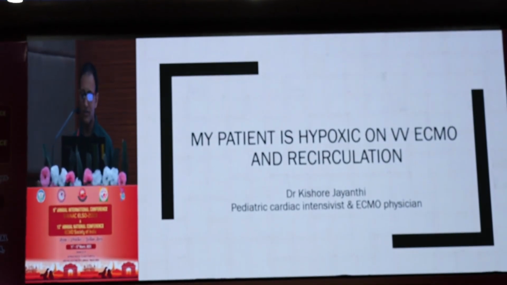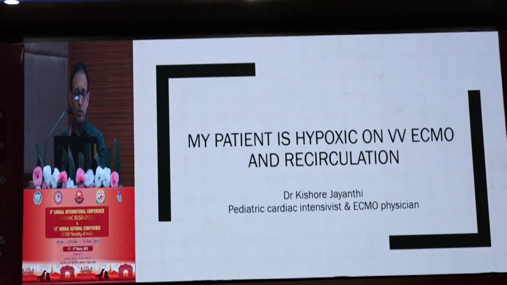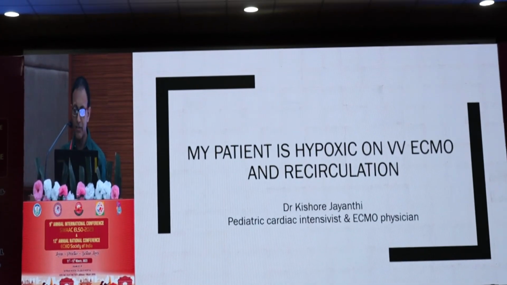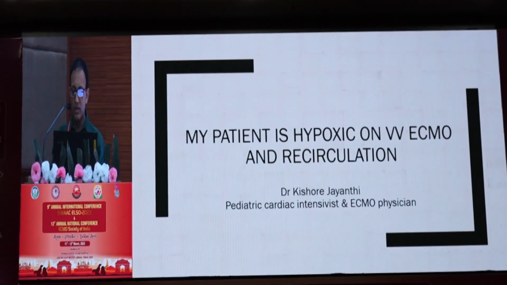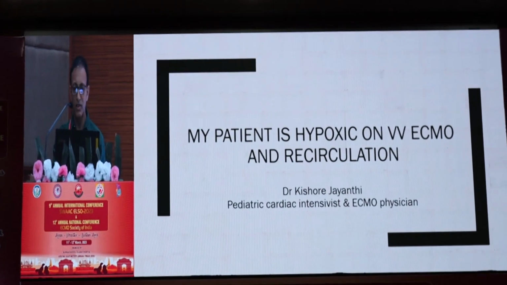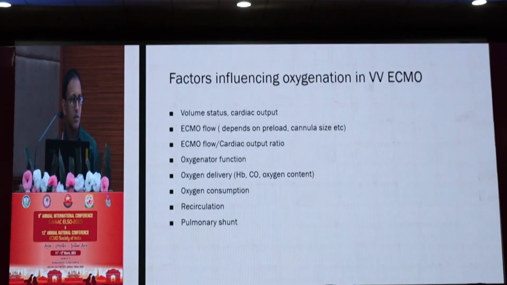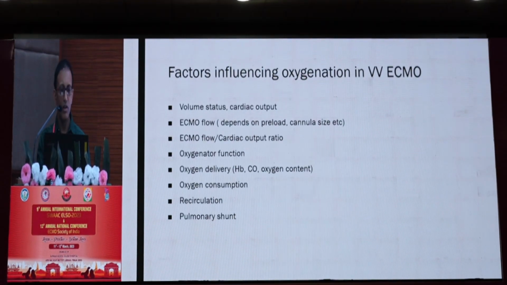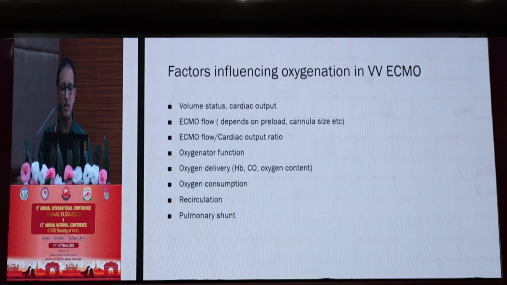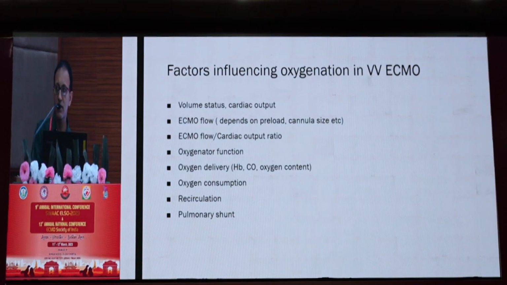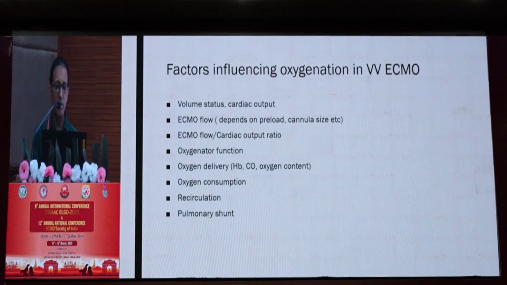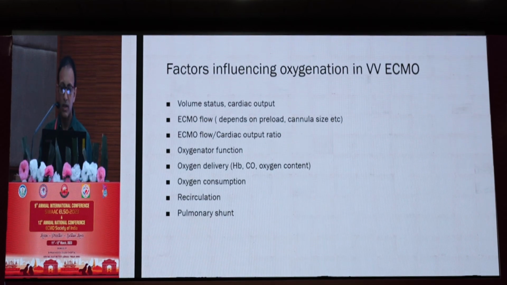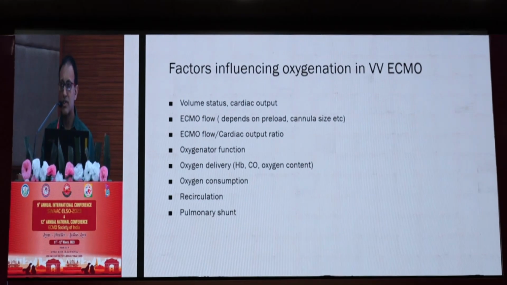Ram had covered most of the aspects. There's nothing much for me to do except the recirculation part. I'll just emphasize a little bit on the hypoxia and then go straight to the recirculation. As Dr. Pranay already mentioned, the factors influencing oxygenation in VV ECMO are volume status, including cardiac output, the ECMO flow, which depends partly on the cannula and preload, ECMO flow to cardiac output ratio, oxygenator function, oxygen delivery, consumption, pulmonary shunt, and recirculation.